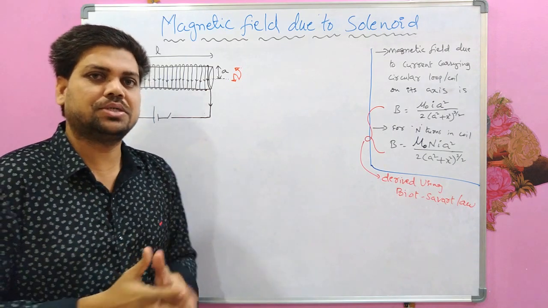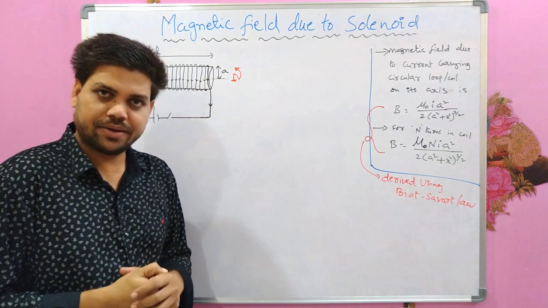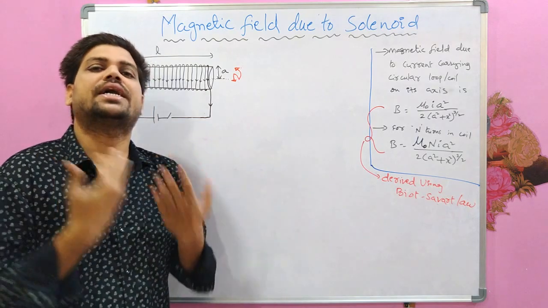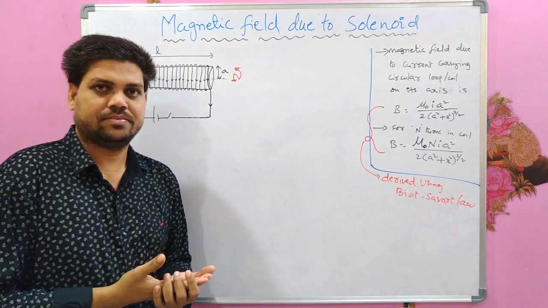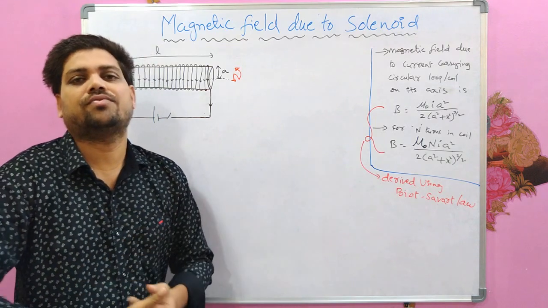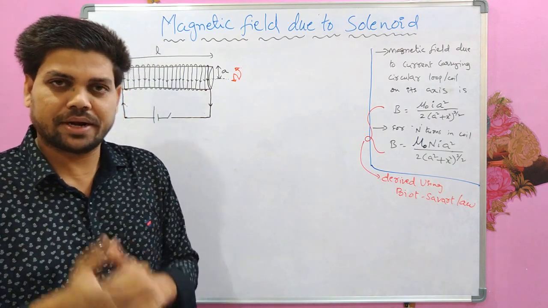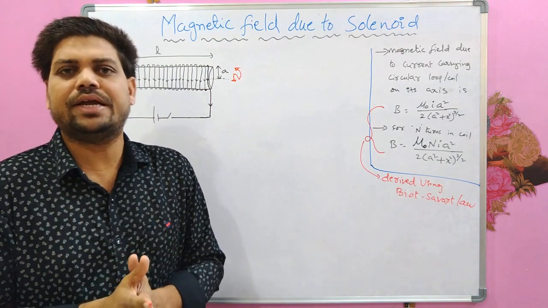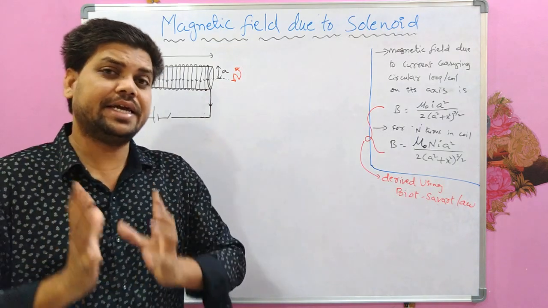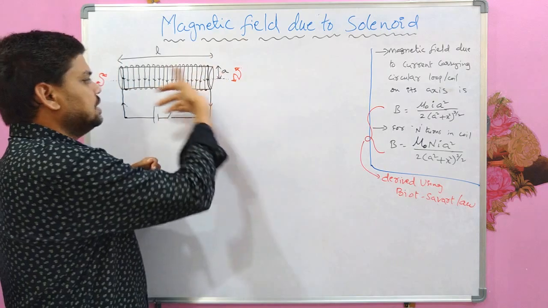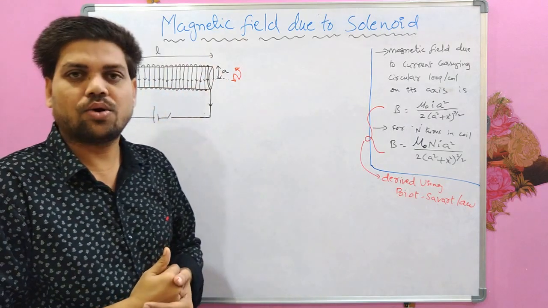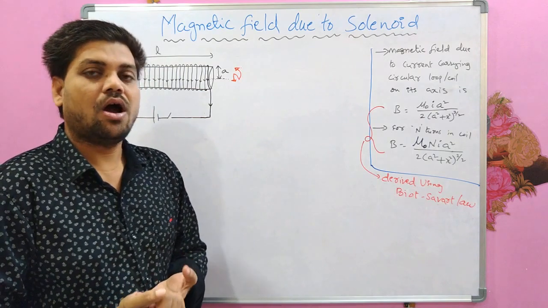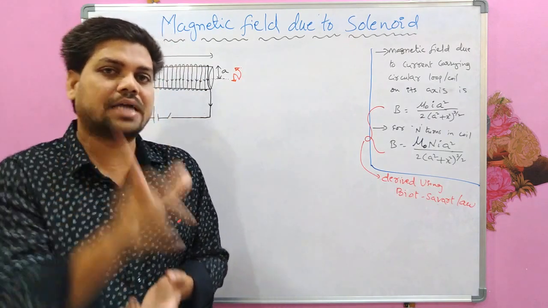If it is producing a magnetic field around it, how much is it and what is its direction? That is what we are going to find out in this lecture. Particularly, we are going to find out the magnetic field in the interior of the solenoid, that is inside this cylindrical core, and that too on the axis of it.